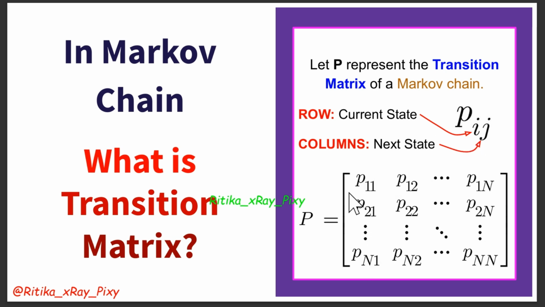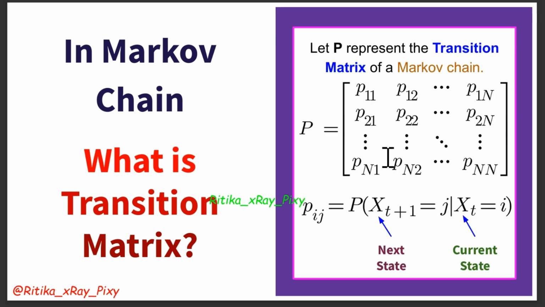So every entry in this matrix represents the probability of moving from one state to another, or we can say the probability of moving from the state represented by the row to the state represented by the column. Here i is the row and j is the column, so the probability of moving from state i to state j.